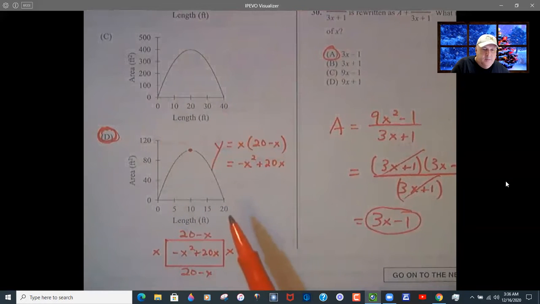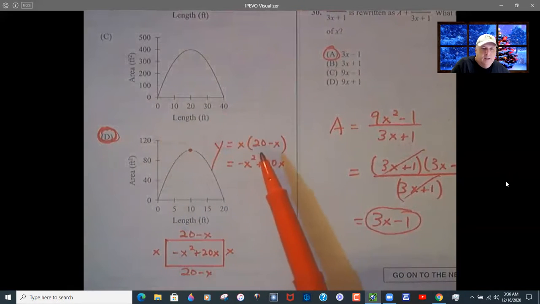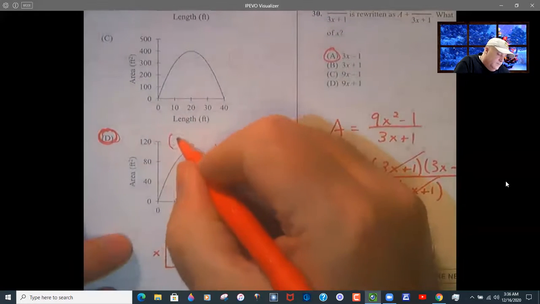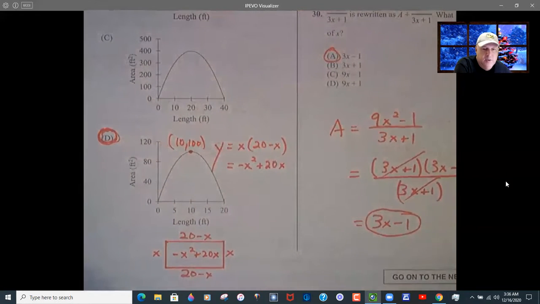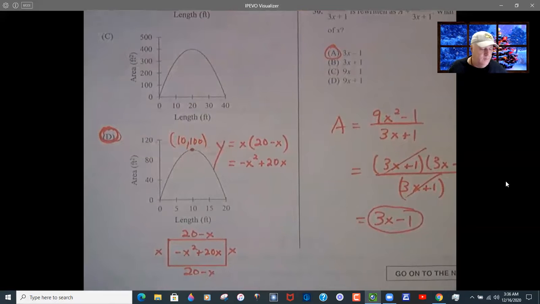But the vertex would be at (10, 100). So you've got to check those out, which you can actually do on a calculator table. I'm not going to put the calculator up right now, but it would require some knowledge of finding the x-intercepts on the table and perhaps finding the vertex point, which students learn how to do in my Algebra 2 class.